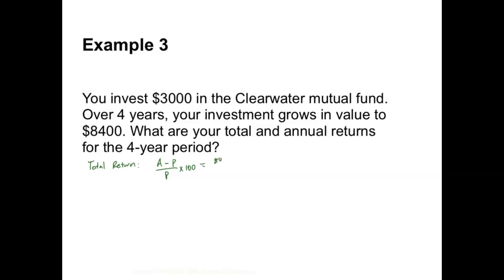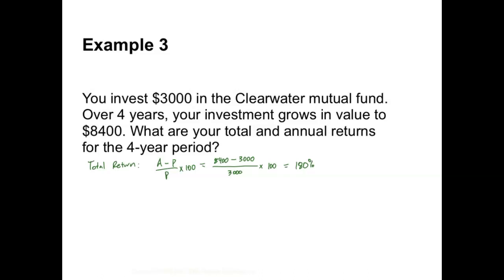So my accumulated balance was 8,400 minus the 3,000, which was my principal, divided by 3,000 times 100. So what you end up with is 180% growth. So your total return was 180% growth.